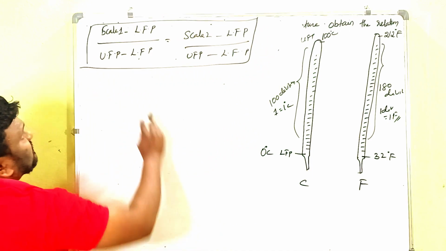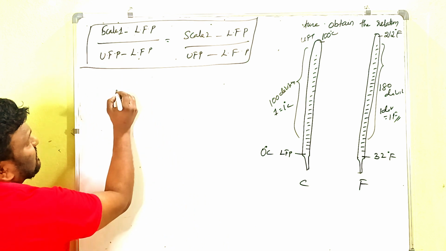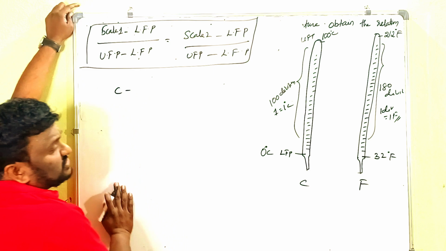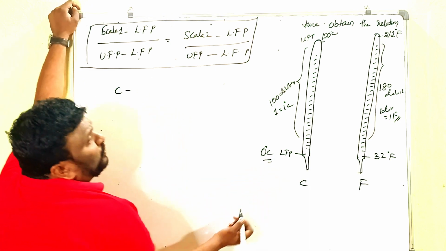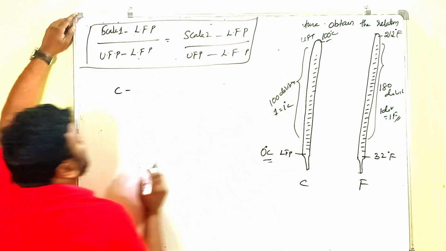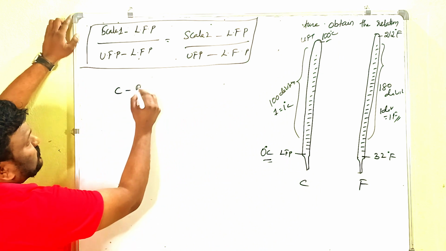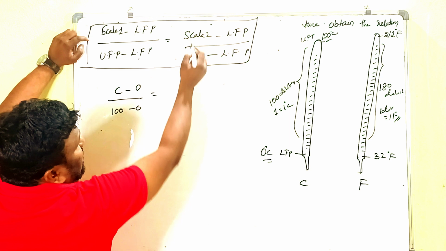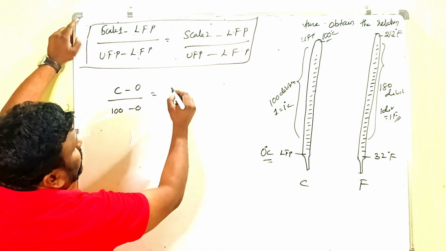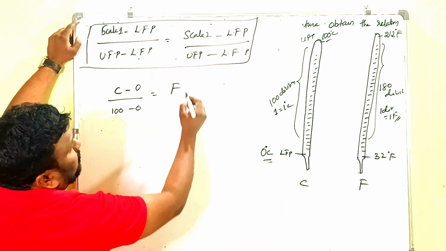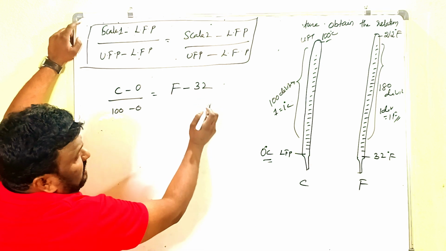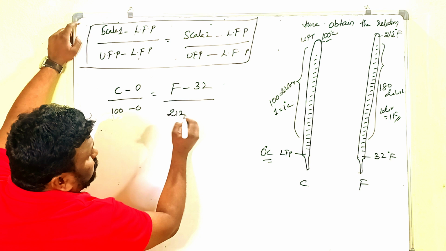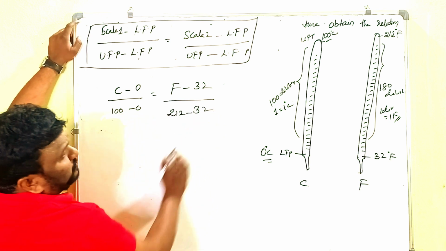Here scale 1 is Celsius, C. In Celsius, the lower fixed point is 0 and the upper is 100, so we get (C minus 0) by (100 minus 0). Scale 2 is Fahrenheit, F minus the lower fixed point 32, by the upper 212 minus 32.